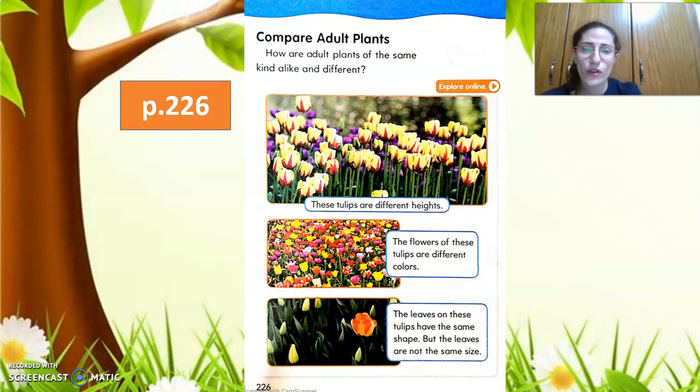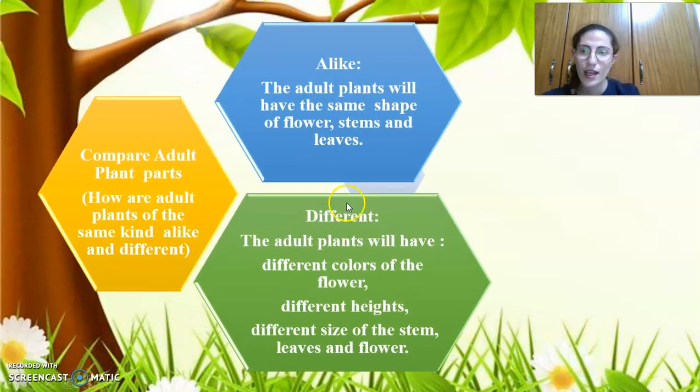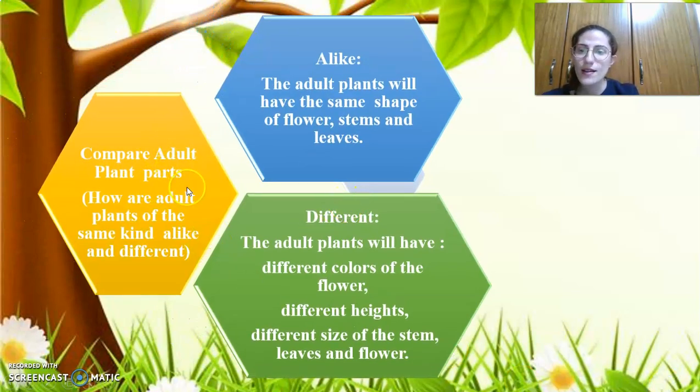So let's go over a quick recap. Are you ready? When I want to compare the adult plants, what do we mean? How are the adult plants of the same kind alike? And how are they different? How are they alike? It means how are they the same?